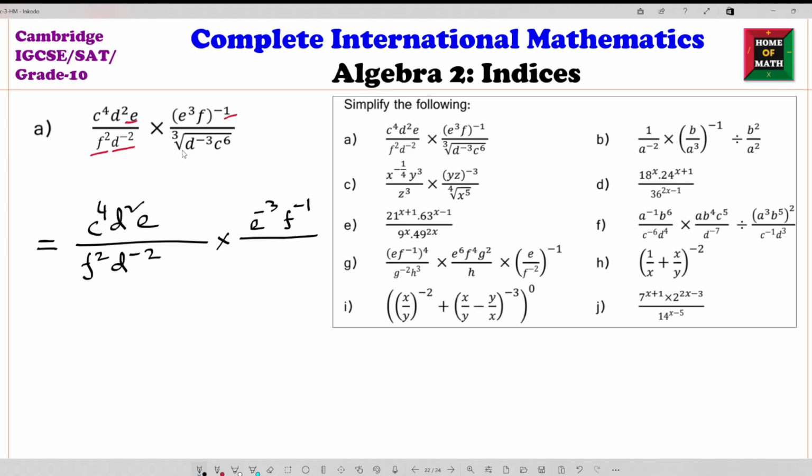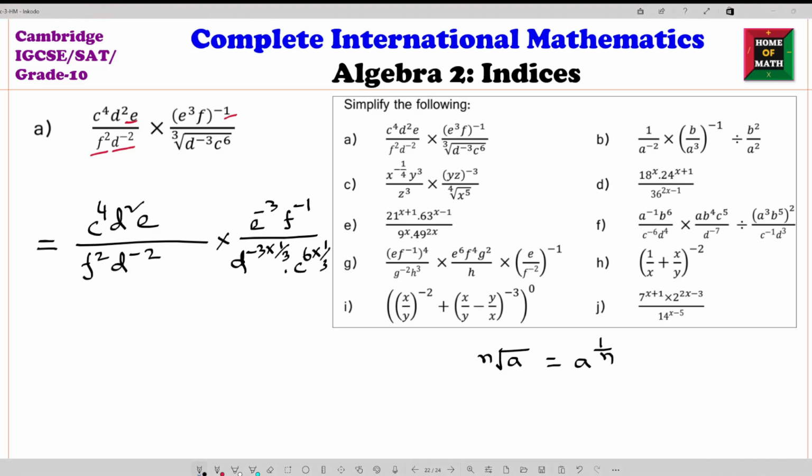So if we want to omit the cubic root, we can write it like this: d to the power minus 3 times 1 by 3, and here c to the power 6 times 1 by 3. We know the nth root of a equals a to the power 1 by n.